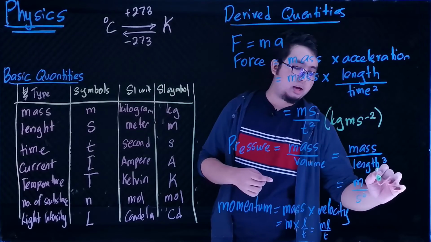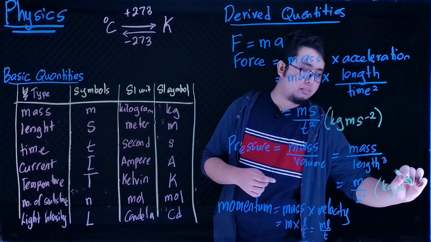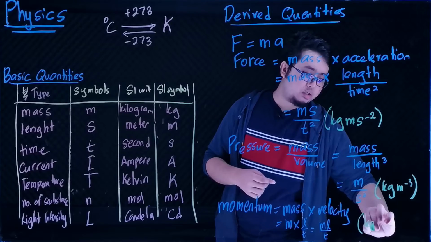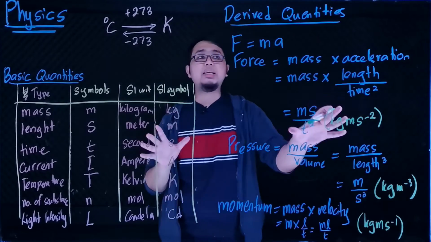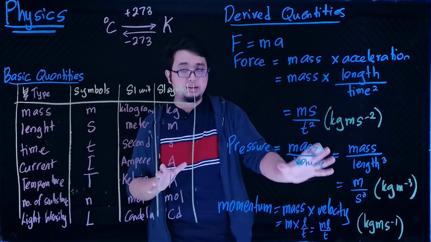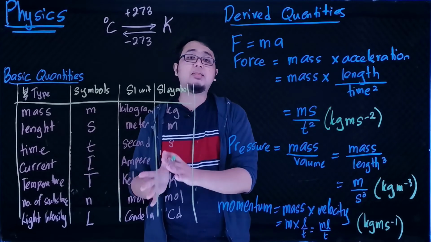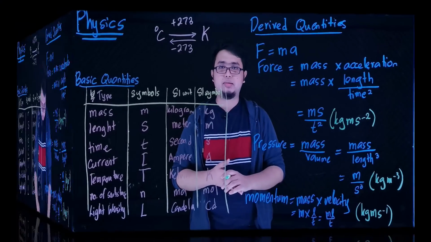The pressure will have kg m^-3. And this one will give you kg m s^-1. So these are the derived units. And here you have the basic units. When you combine several of these basic units, you're going to get your derived quantities.